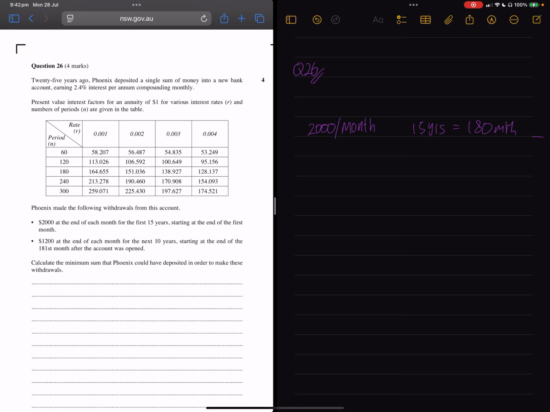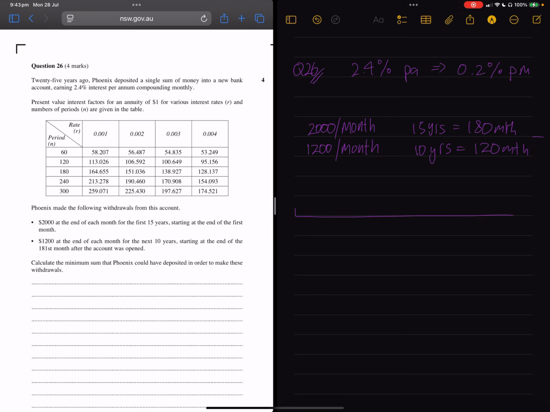And then he withdraws $1,200 a month for the next 10 years, which is 120 months. We're told the interest rate is 2.4% per annum, which equates to 0.2% per month.